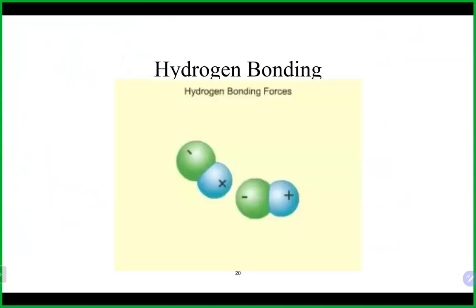So let's take a look at this here. Some polar molecules have unusually strong intermolecular attractions called hydrogen bonding. These attractions occur in molecules where hydrogen is bonded to fluorine, oxygen, or nitrogen. The interaction occurs between the hydrogen of one molecule and an unshared electron pair on the more electronegative element in another molecule.